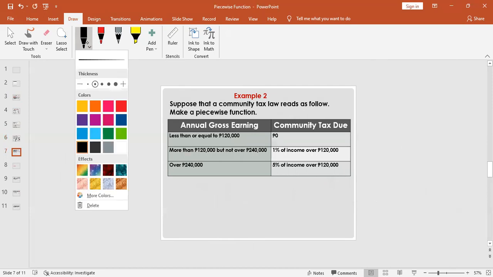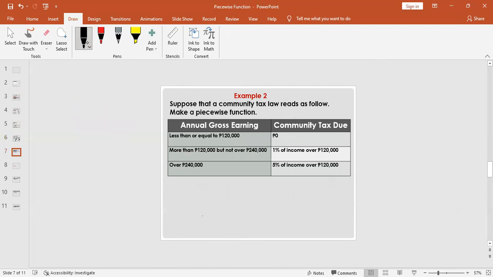Okay. So example number 2. Suppose that a community tax law reads as follows. Make a piecewise function. So community tax law, it is similar to the first example. Okay? Our two variables here are this, annual gross earning and community tax due.